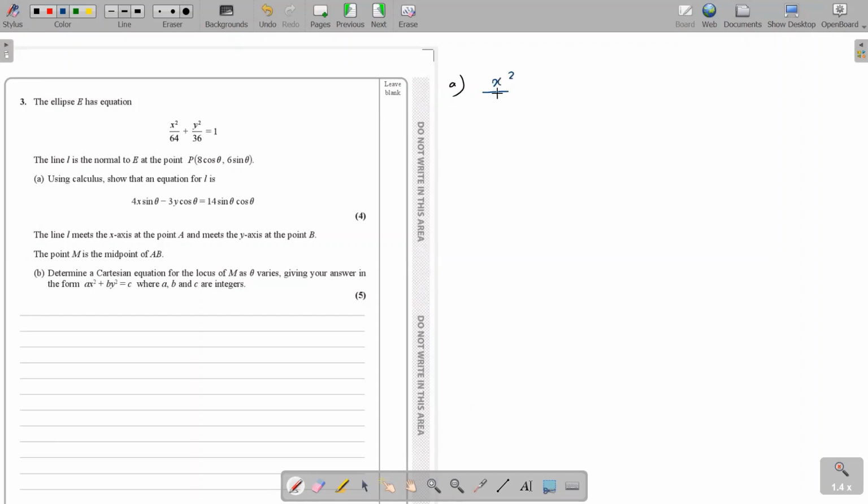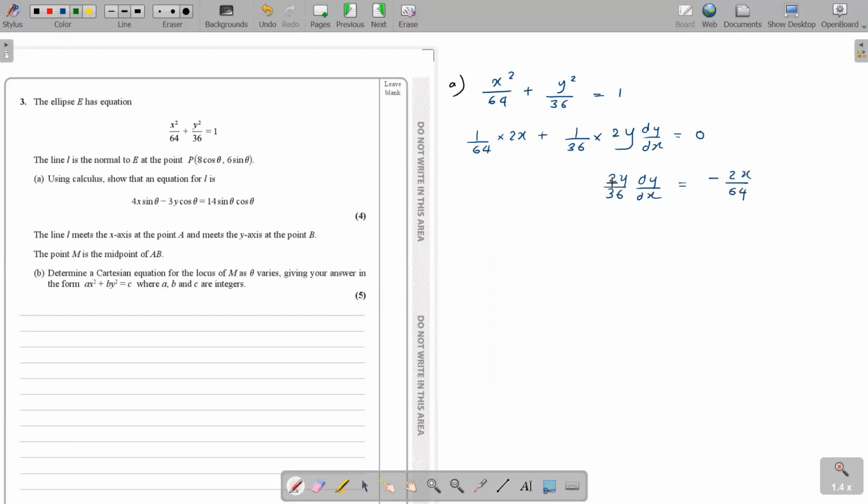So x square over 64 plus y square over 36 equals 1. When you differentiate, 1 over 64 times x square differentiation is 2x, plus 1 over 36 times 2y dy by dx equals 0. So 2y over 36 dy by dx equals minus 2x over 64.